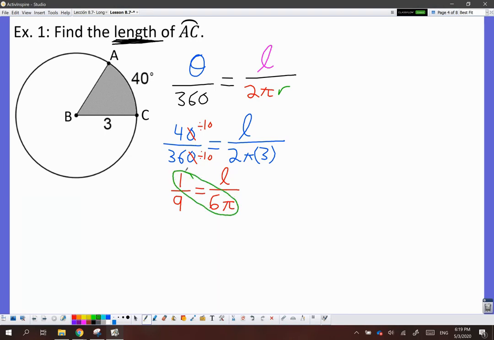So now I need to cross multiply here. I have 9 times L, that gives me 9L equals 6 pi times 1. But 6 pi times 1 is still 6 pi, so I'm just going to write 6 pi. Finally, all I have to do now is divide both sides by 9 so that I can get that L by itself, and I end up with 6 over 9 pi.